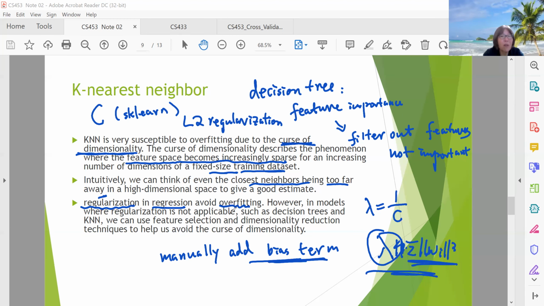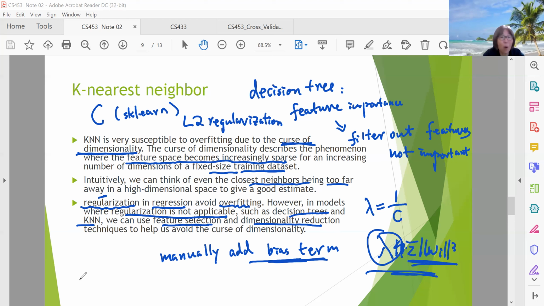But sometimes regularization is not applicable, like with decision trees and KNN. Then what we can do is feature selection, like we previously saw, and dimensionality reduction. Later on, we will also learn some other techniques to do dimensionality reduction.